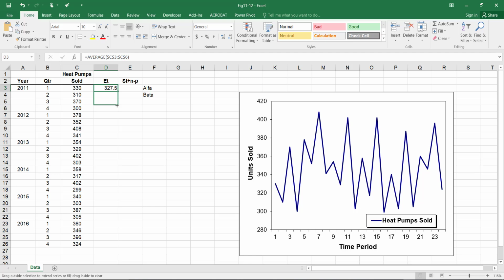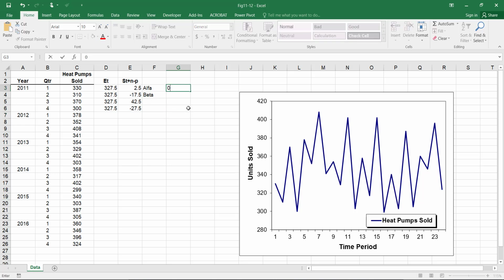Then ST plus N minus P, we can get as the Y observation minus the ET. So for all of the data set that we have, we can use this. So for the first one it becomes 2.5, for the second one it becomes minus 17.5, and so on.